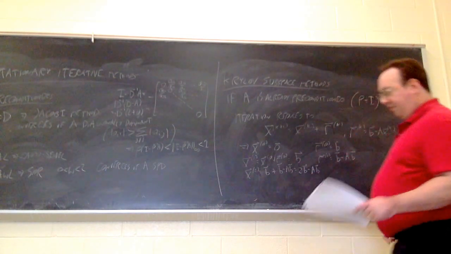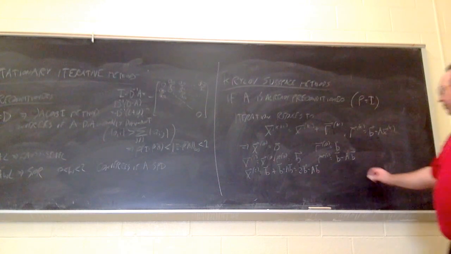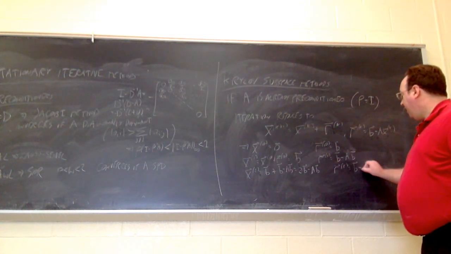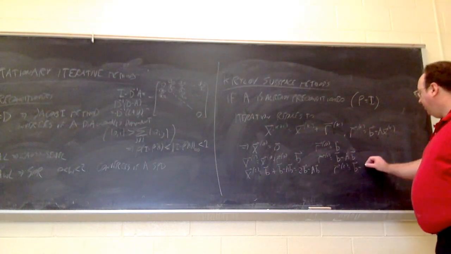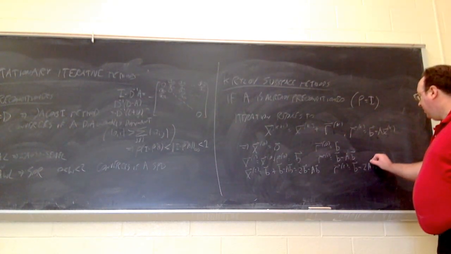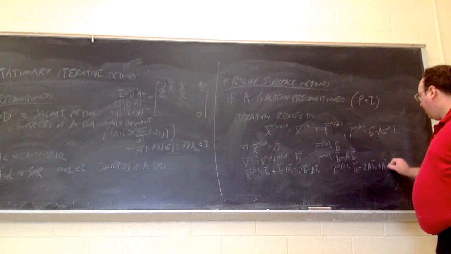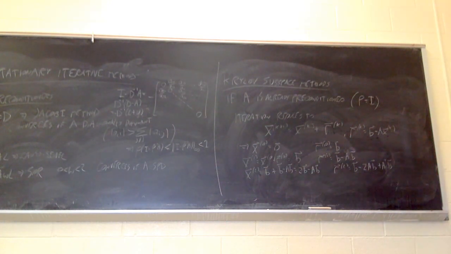And then I compute the residual again. So r_2 is b minus A times this, so 2Ab plus A squared b. And then I'll compute one more.